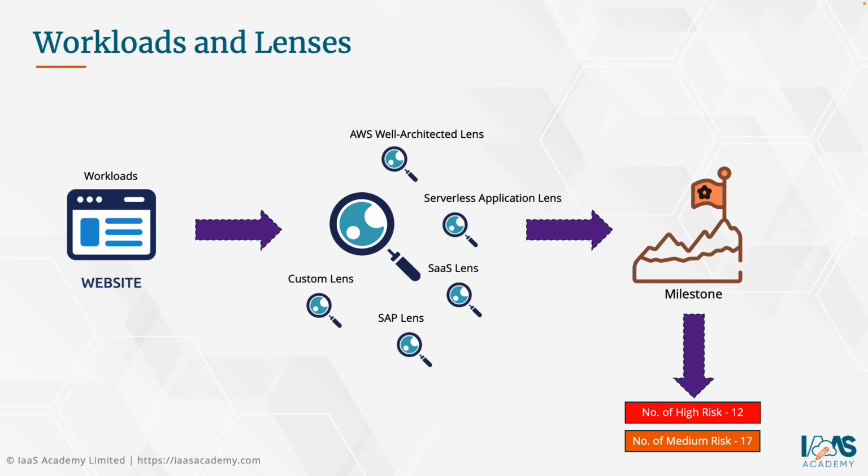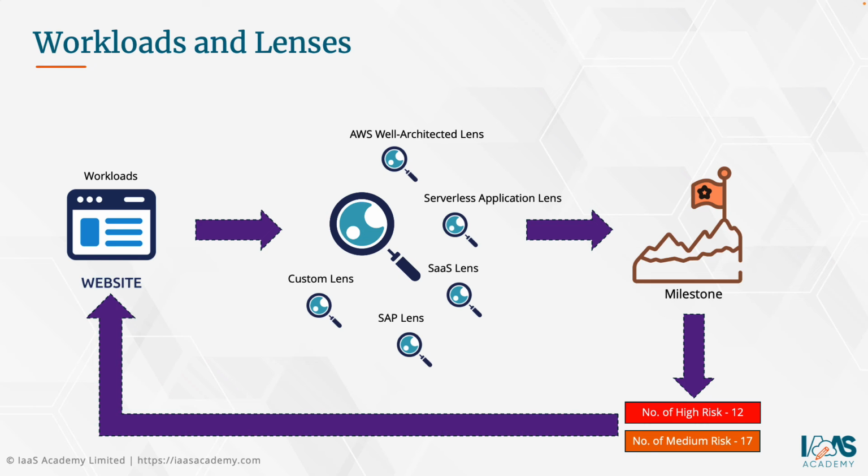And these are broken down into high risk factors and medium risk factors. And so ultimately you get a number of different items that will be highlighted as high risk elements across the pillars, so in the case of the Well-Architected lens, across those 6 pillars, and as well the number of medium risk factors that you need to address. You then go back to your workload and make the necessary changes, configure your workloads and your applications in a manner that fulfills the requirements of the lens that you are running against it.